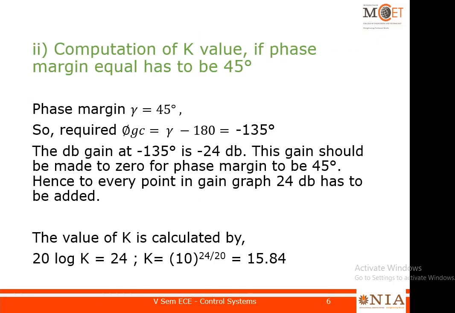So try this in your semilog graph sheet. Your job is only to draw a magnitude plot and phase plot for k equal to 1. That's enough. Please do that in a semilog graph sheet and see.